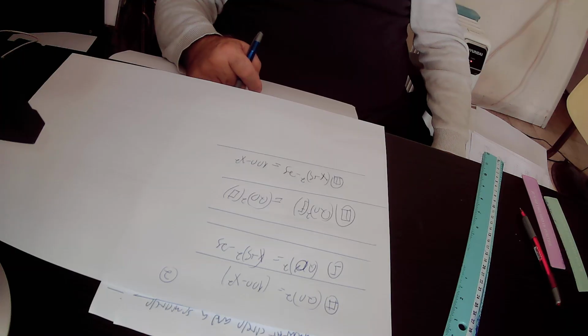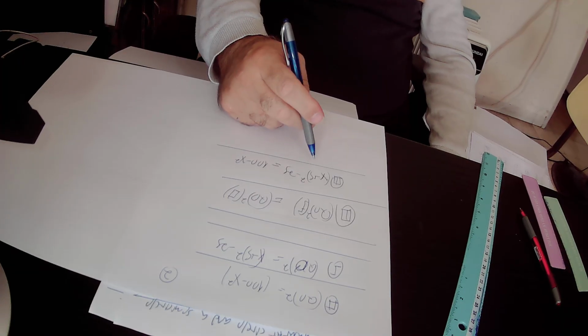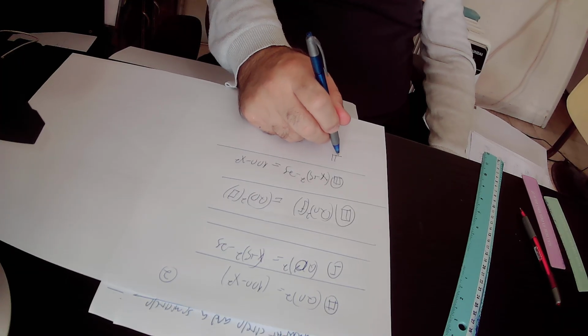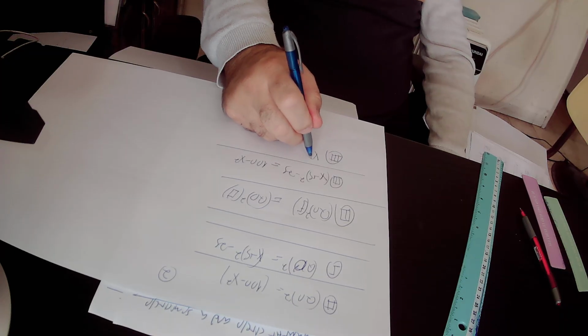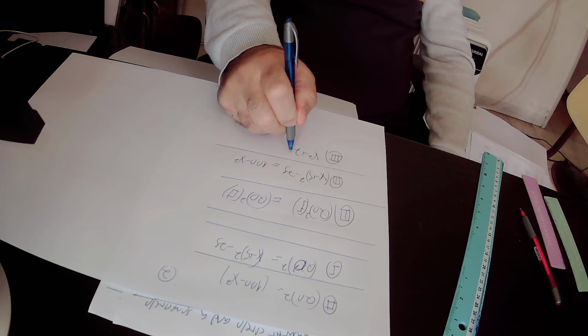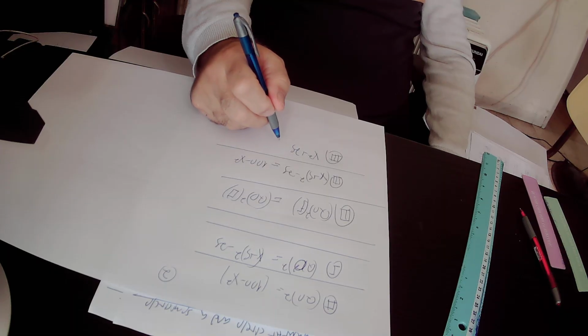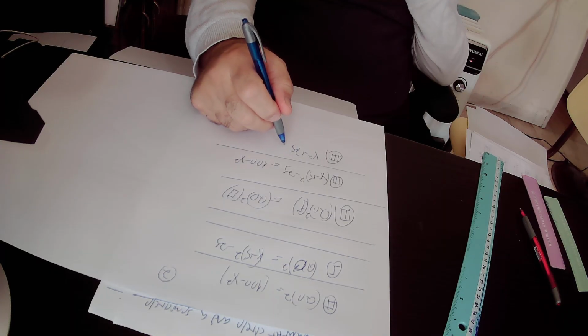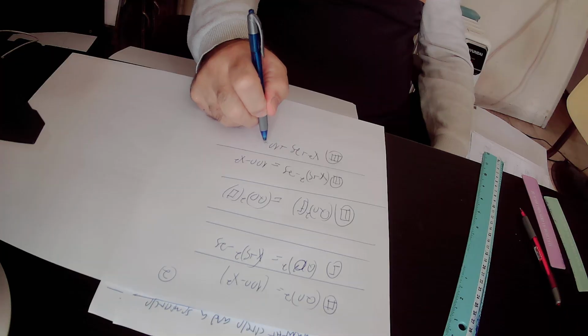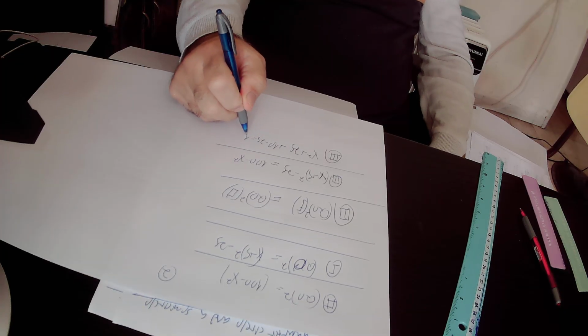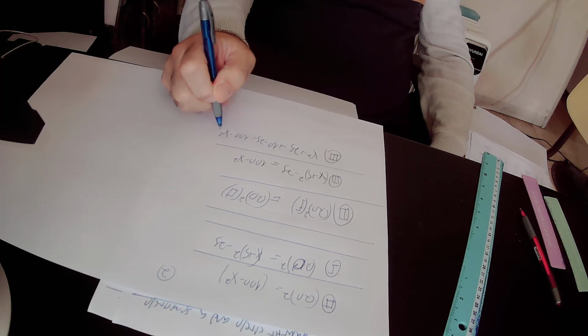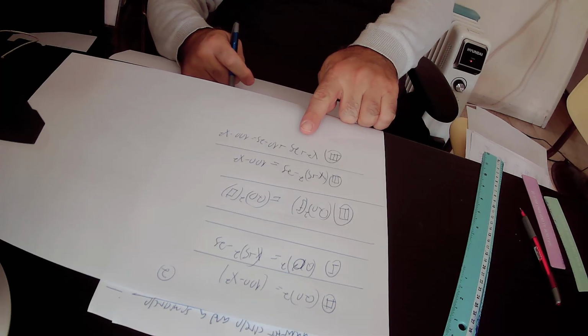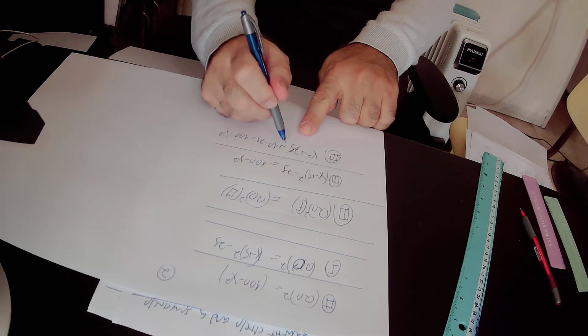Here we will open the brackets of this expression and get that (x plus 5) squared equals x squared plus 5 squared, that is 25, plus 2 times x times 5, that is 10x, minus 25, equals 100 minus x squared. On this side of equation 3 we have 25 minus 25, which is 0.